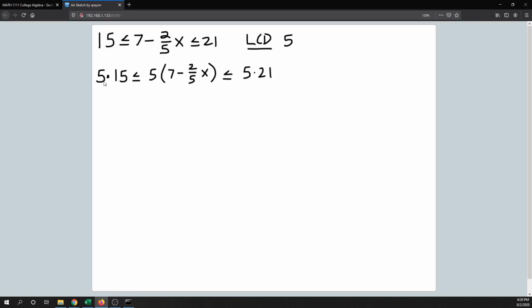Over on the left side, all we need to do is to multiply 5 times 15, so that is going to be 50 plus 25, which is 75.